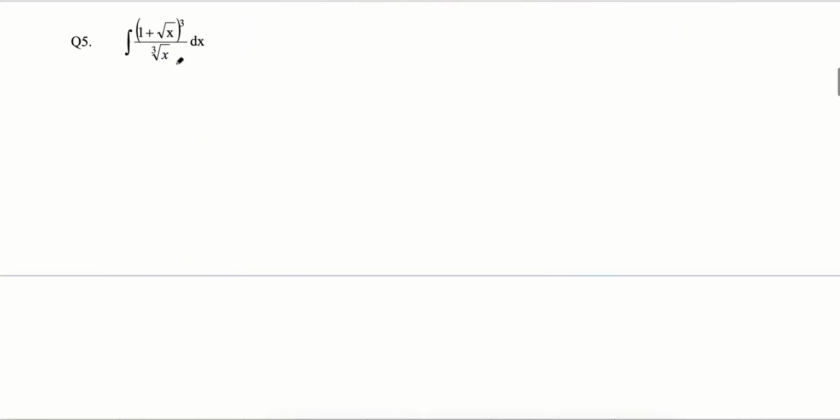Again a simple question. Condition: you should know this formula. This is a cube plus b cube plus 3ab square plus 3a square b. No, plus b cube, no, b cube I already considered.